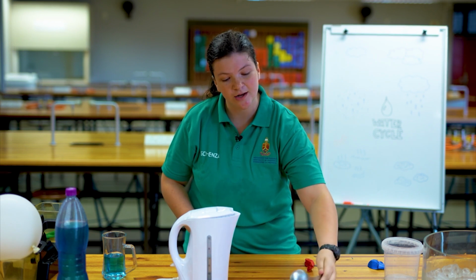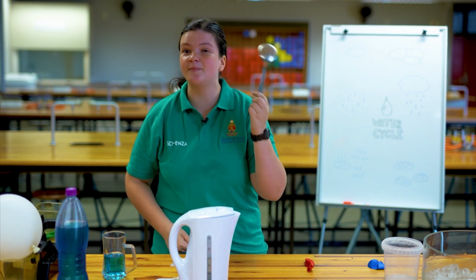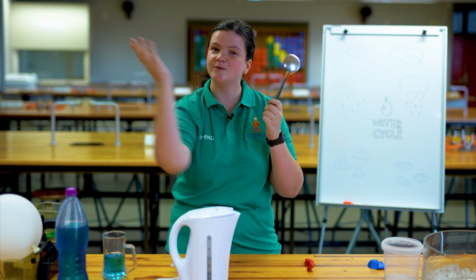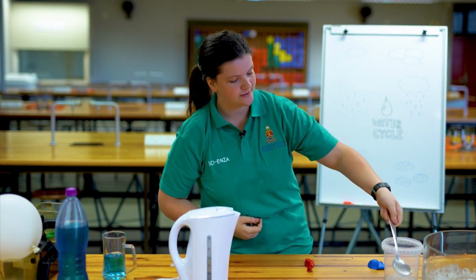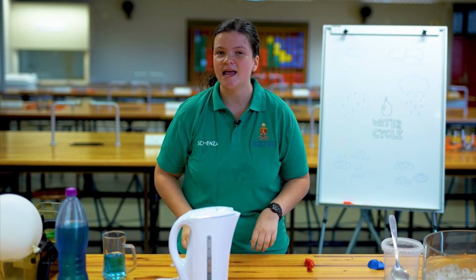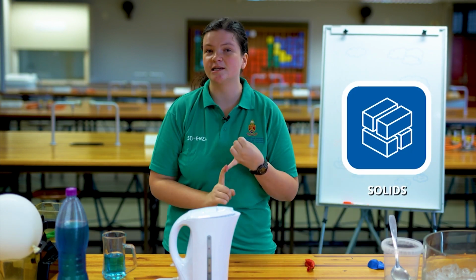There's water on it, which means that it turned back from a gas into a liquid. This is known as condensation. So, solids turn into liquids when melting. Liquids turn into solids when freezing. Liquids turn into gases when evaporating, and gases turn into liquids when condensating.